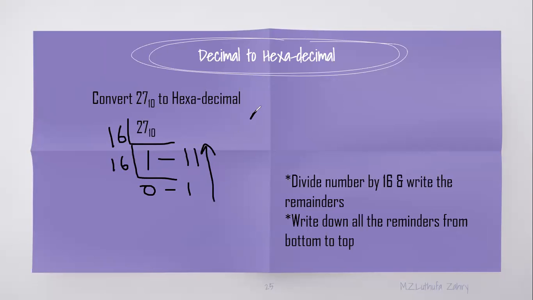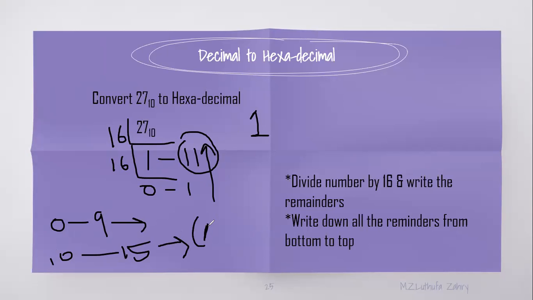What you have to do is, this is 1, and this 11 is going to be in this. I said the hexadecimal will be 0 to 9, from 0 to 9 it's going to be like a decimal number. But then from 10 to 15, it's not going to be 10 to 15, it will be A to F, right?